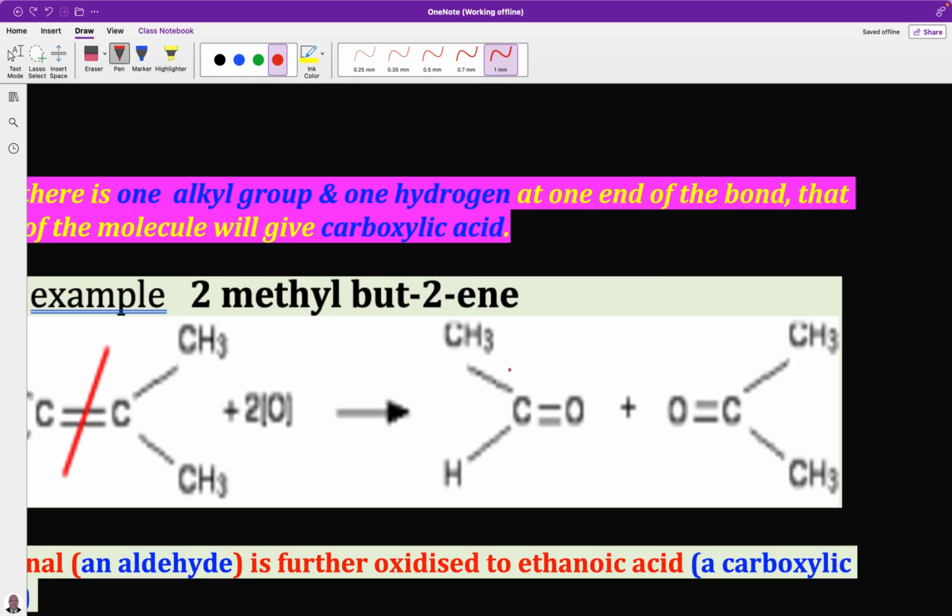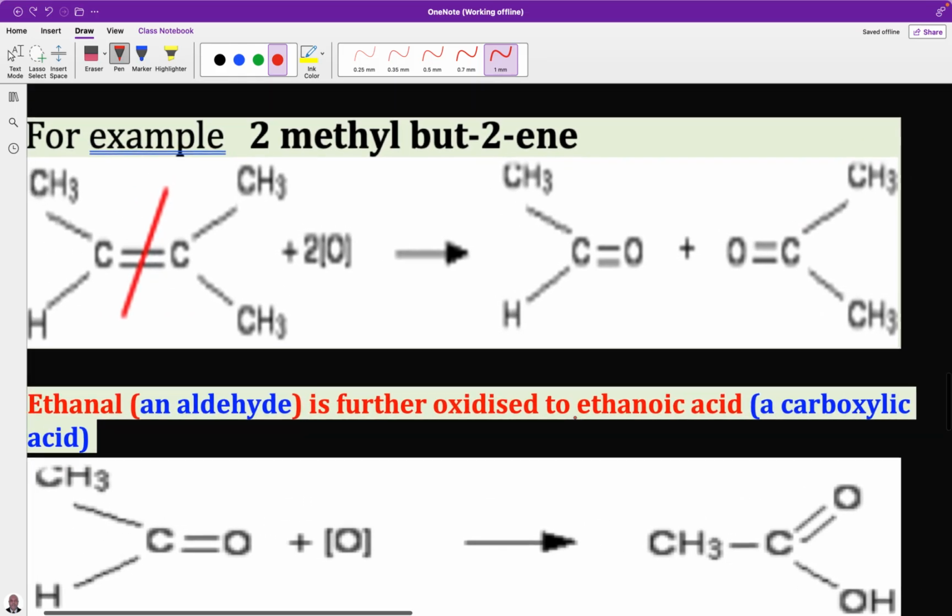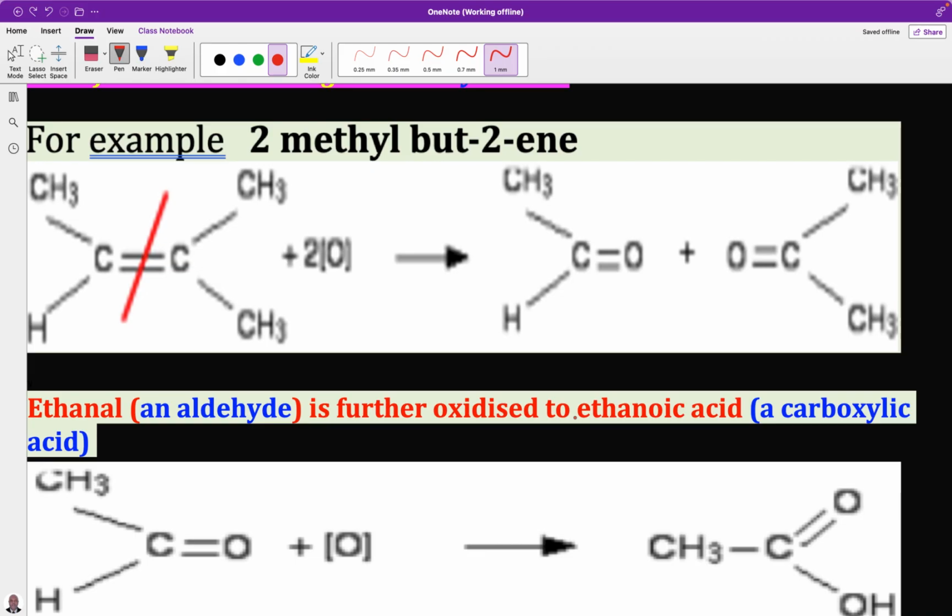Why? Because this part of the molecule is an aldehyde, in this case ethanal, and it will be oxidized to the carboxylic acid, which is ethanoic acid. So that is just a simple explanation.